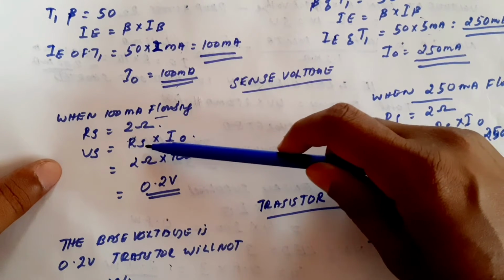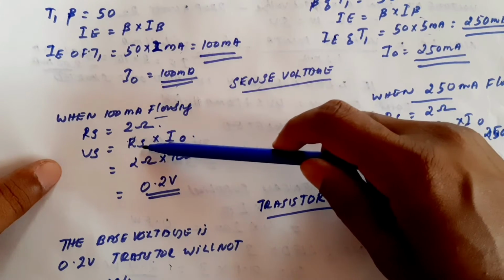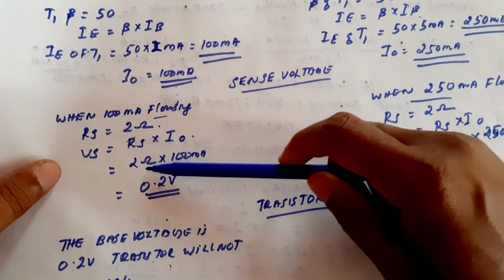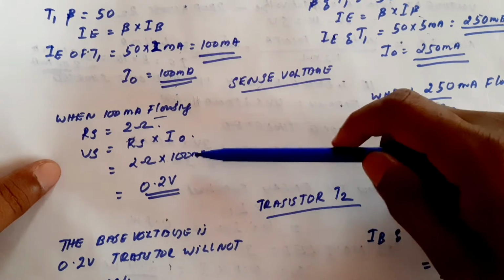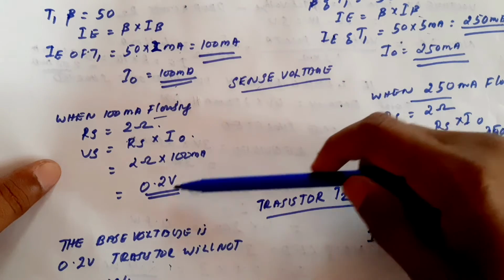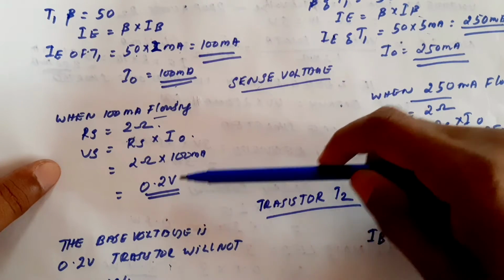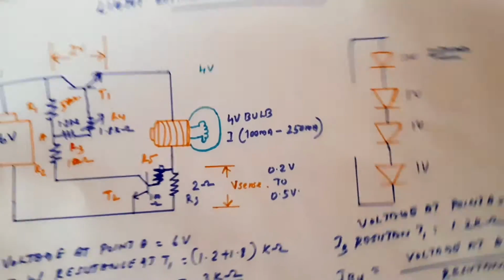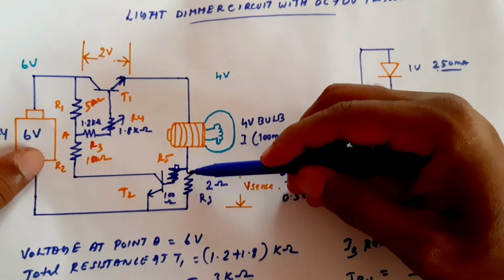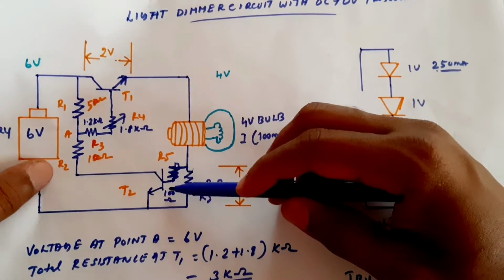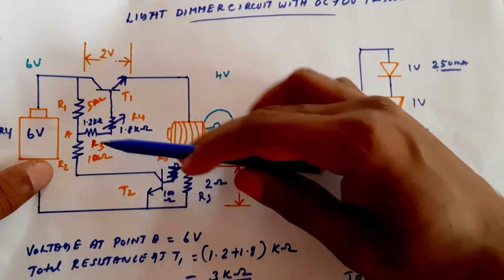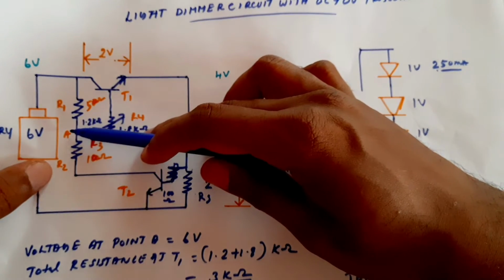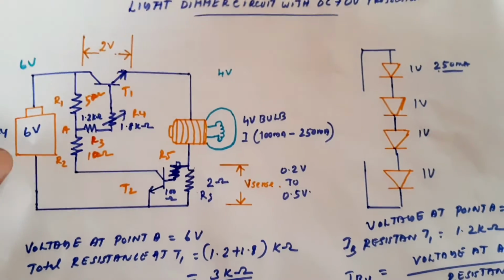The voltage across the sense resistance is Rs into the output current, that is 2 ohm into 100 milliamperes. If 100 milliamperes flows, 0.2 volt is the voltage drop across this resistor. This voltage is not enough to turn on the transistor, and the voltage remains at 6 volts.